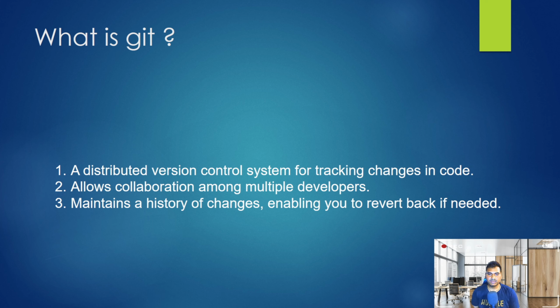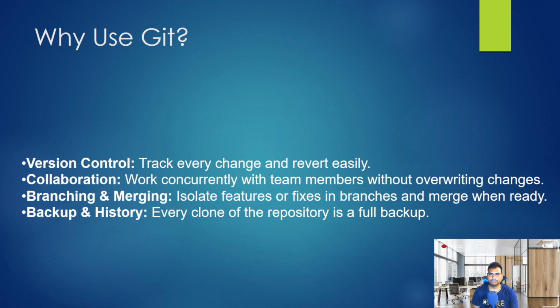I have one project, or there is a book going to be written and there are multiple pages, so you want more than one person to start working on that. At that time you have to use Git. It helps multiple developers or people to work on the same project and maintain the history of changes, like I told you. Basically, in the beginning Git was used by Linux, and after that we got the software for Windows, as well as for our Mac.